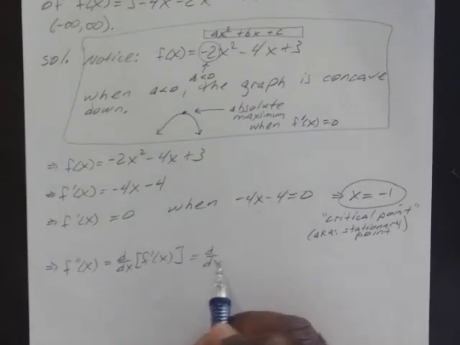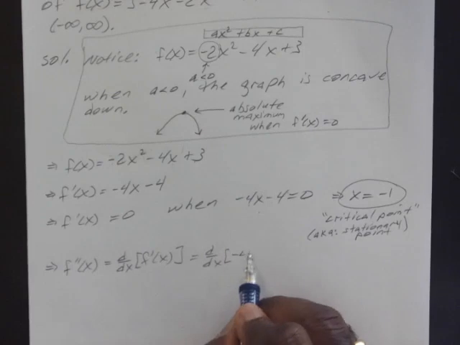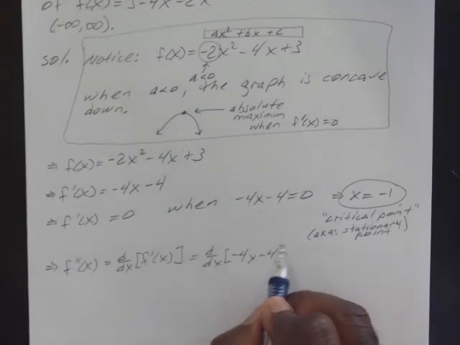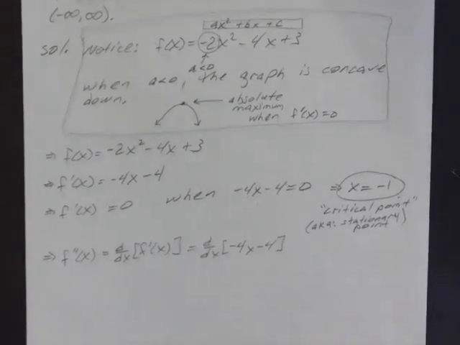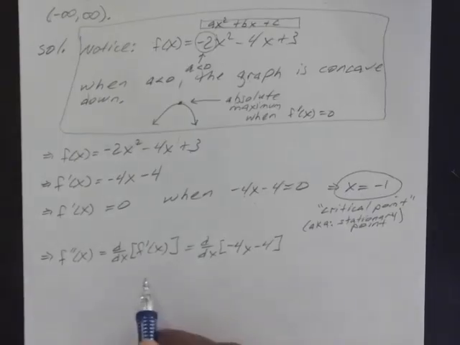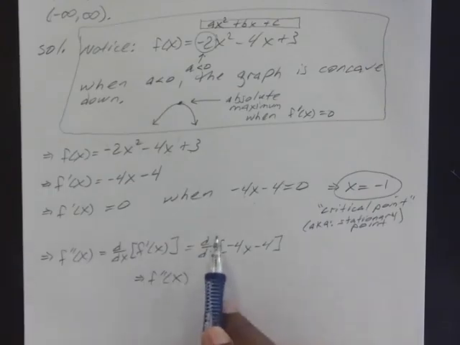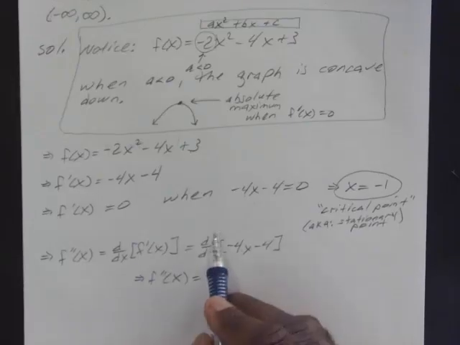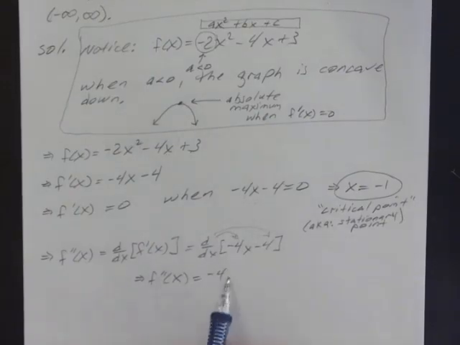Which in this case is just the derivative of negative 4x minus 4. Which means that your second derivative, the derivative of negative 4x is just negative 4. And the derivative of negative 4 is 0. So our second derivative is just negative 4.